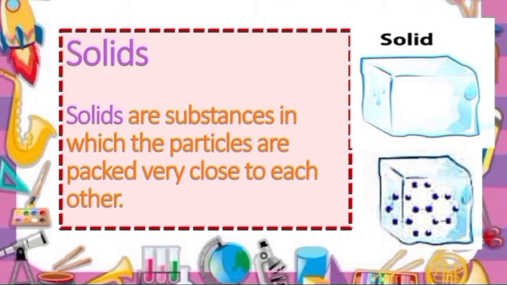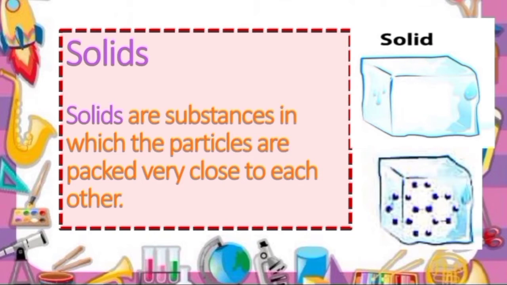Some characteristics of solids are: solids have a fixed shape, solids have a fixed volume, molecules in solids are very tightly packed, we cannot compress them. Solids are heavy, solids do not flow.